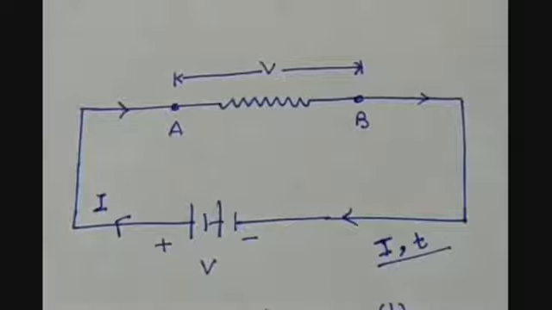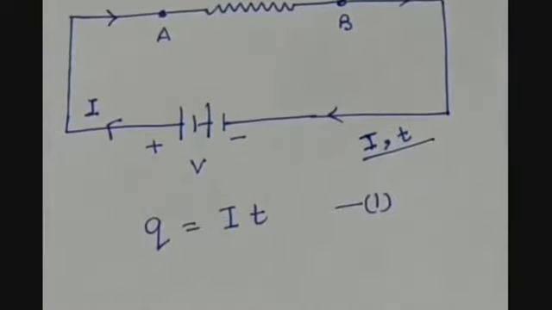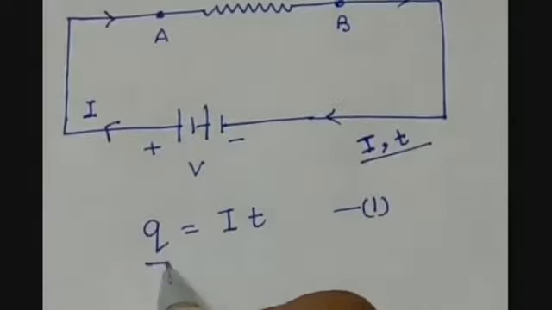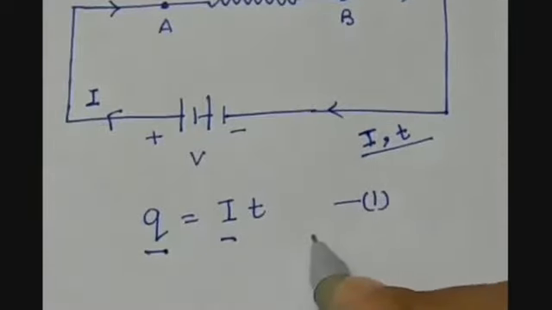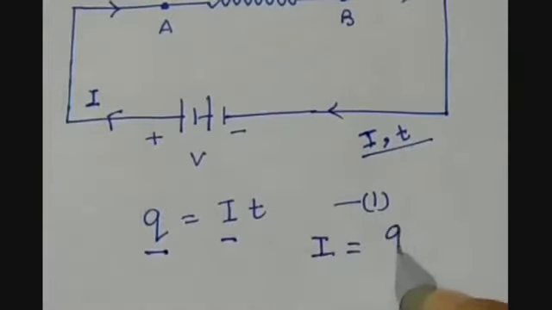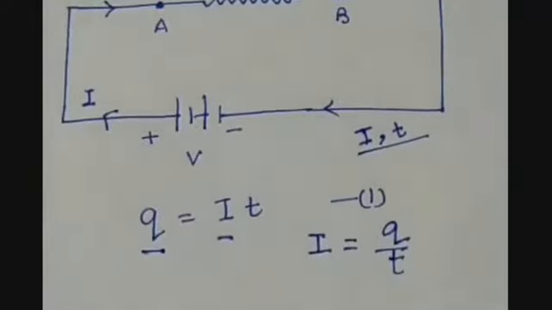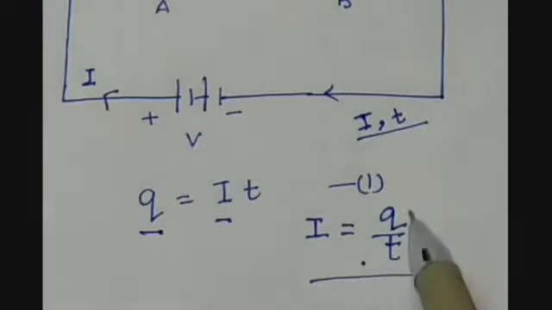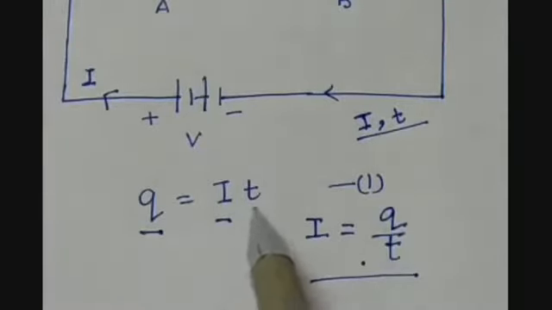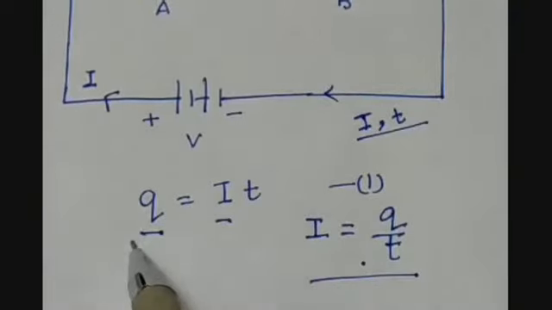That Q charge will be given by the equation: charge is equal to current into time, because we remember the equation I is equal to Q upon T. That means the current flowing in the circuit is equal to the charge flowing per unit time through a uniform cross section of a conductor. So from here we have calculated Q, which is given as Q is equal to I into T. So Q is our charge.